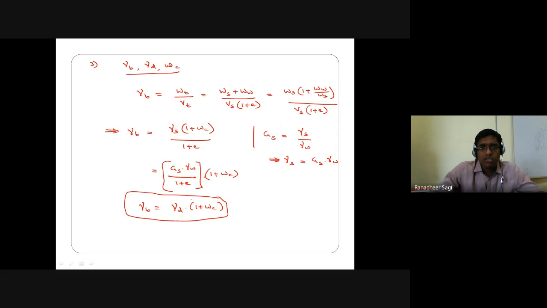So what I'll try to do is go back to the earlier expression and rewrite it. Gamma B is nothing but GS into gamma W by 1 plus E, into 1 plus water content.